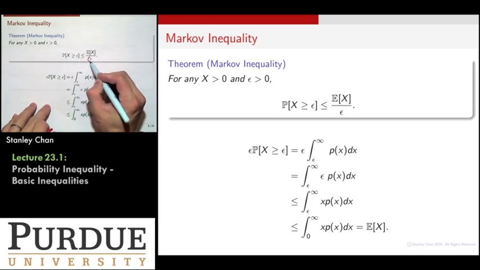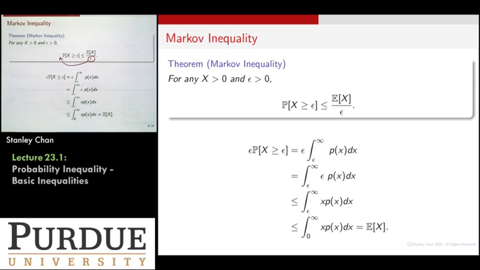Well, you can move this thing over to the left-hand side, and you start from here. Then you realize that this is just epsilon times the probability of x bigger than or equal to epsilon. And then here is just the integration of your density function from epsilon to infinity. Then of course you can move the epsilon inside the integration.